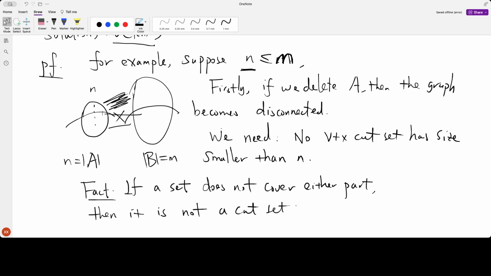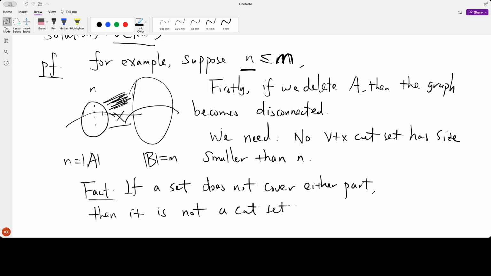So the conclusion is that you take any vertex cut set, then this vertex cut set must contain either all of A or all of B, and the smaller one is A. So it's more efficient if it covers A, and this proves that it must have size at least n.